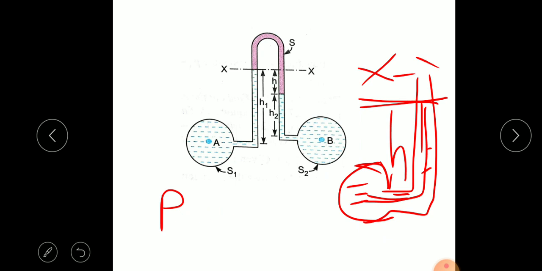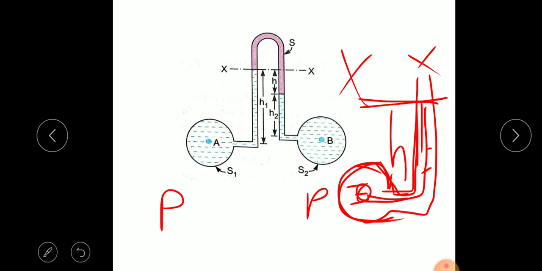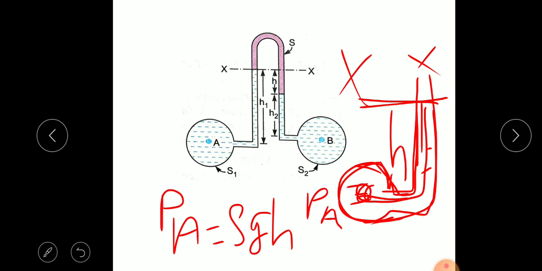Here we have considered the XX line, and we are measuring pressure here using the piezometer. So in this tube the fluid will rise. The pressure at this point, say point A, is basically rho g h plus the pressure Pxx, which is normally atmospheric.